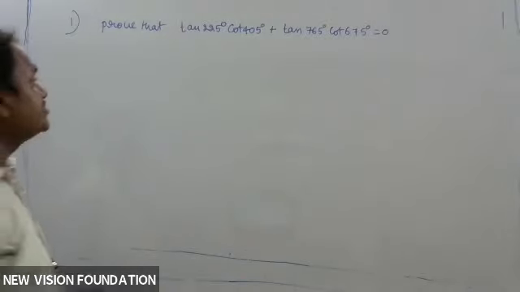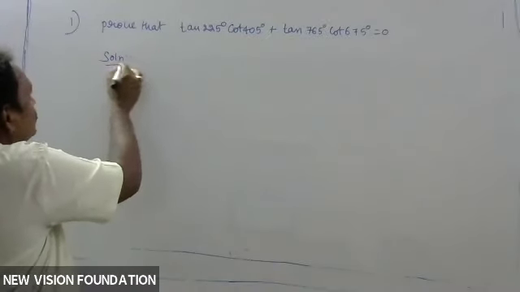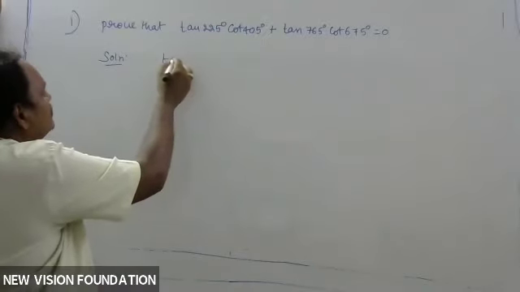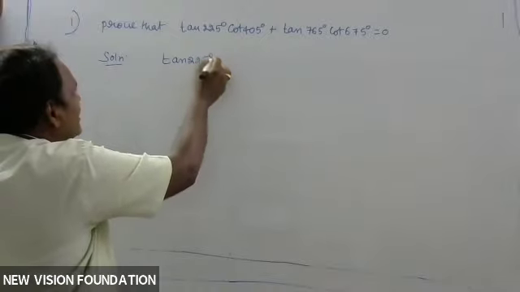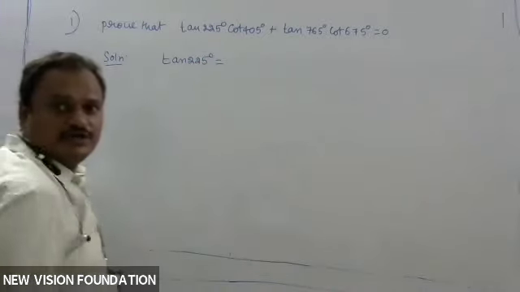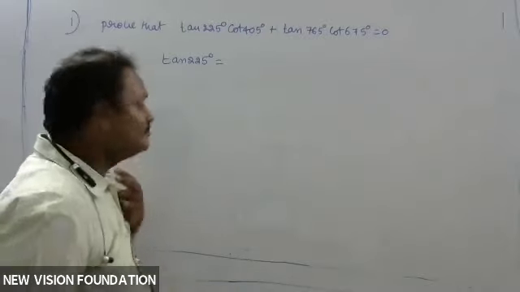Now, you see, my dear students, let us compute these values separately. This is tan 225 degrees, the first trigonometric value. Let us do all these values separately, substitute in this, and simplify further. Then we will get the problem very easily.